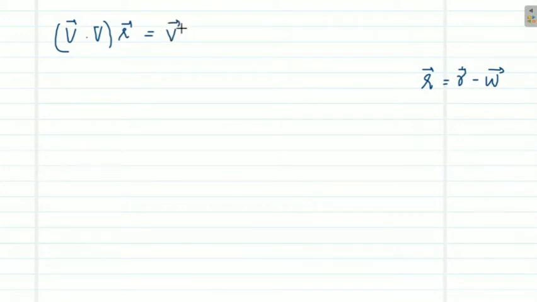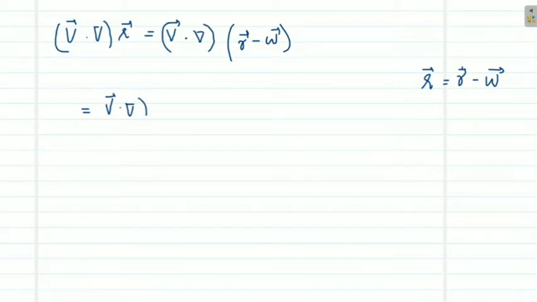So we need to find v bar dot del of r bar minus w bar. So that is actually given by v bar dot del of r bar minus v bar dot del of w bar. So first let us find the first term, which is v bar dot del of r bar.